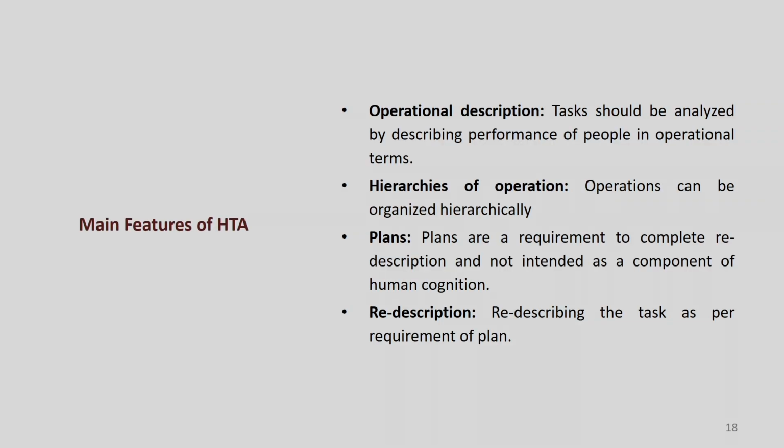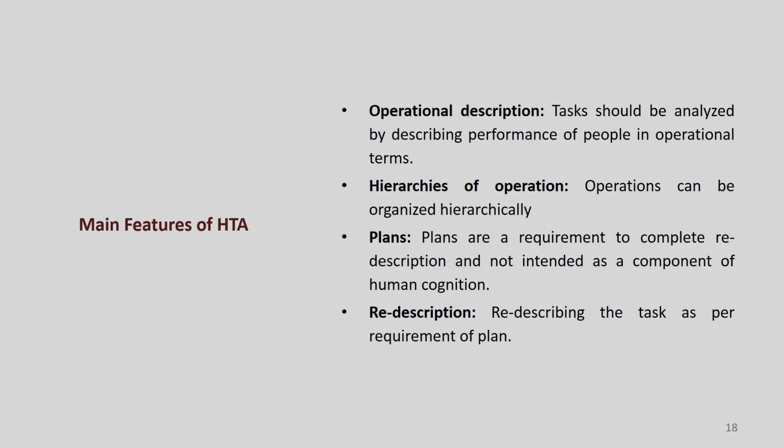So, it takes the actions of the human being, and mainly human operations can be evaluated very nicely. So, what are the main features of hierarchical task analysis? It describes the operation very nicely. It gives a hierarchy of the operation, it gives proper planning, and also re-description of a particular method or process.